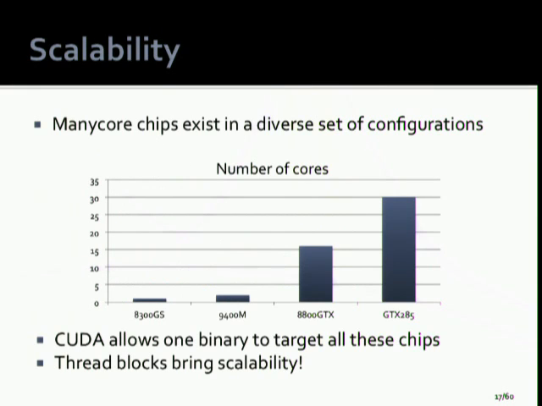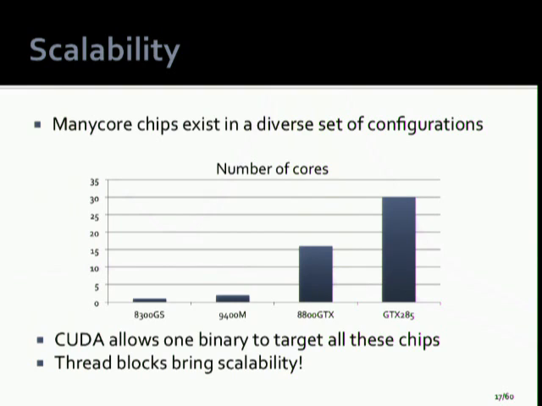The reason why CUDA has all these restrictions on how thread blocks can communicate is because we want to write scalable parallel programs. So the very same CUDA program can run on a GPU that has 1 core, or it can run on a GPU that has 30 cores, and it should be getting good performance on all of those various processors. If you write your code and it presumes that it has 16 cores to work with, and then you try to run it on a machine that only has 2, that can be problematic.